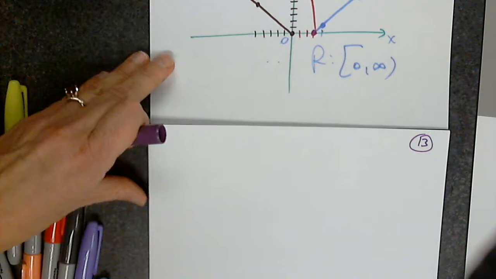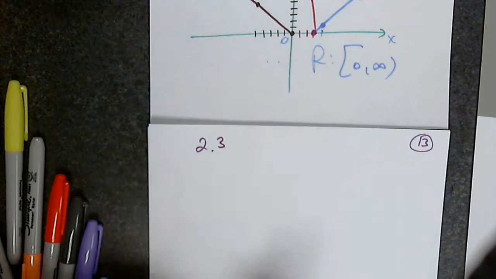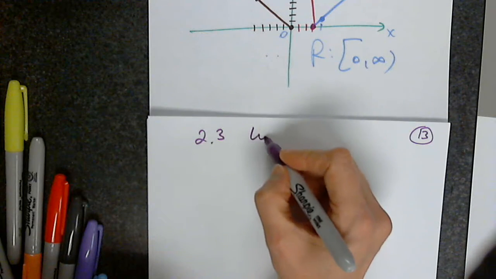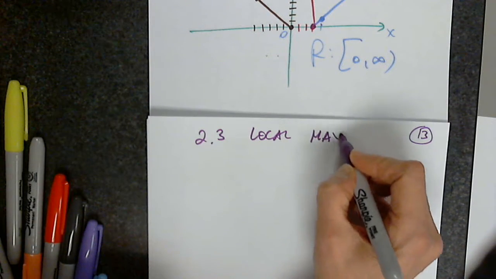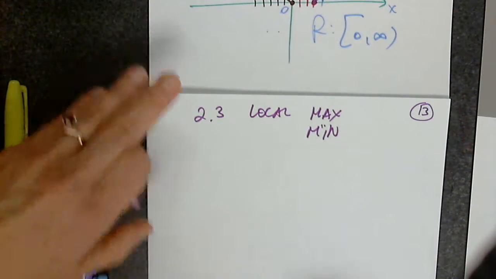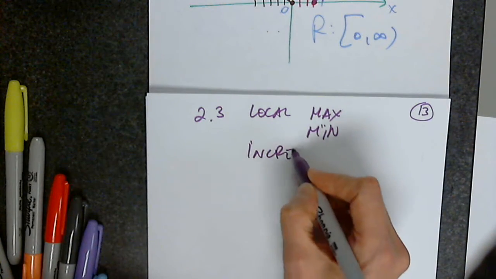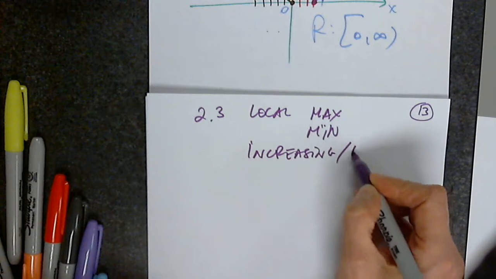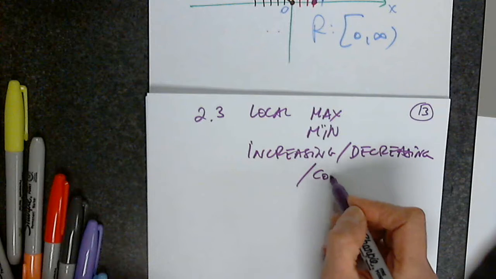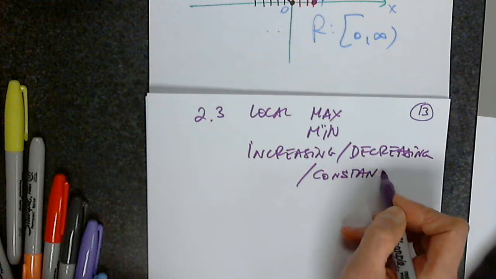Okay? So this is in section 2.3. We're going to talk about local max, local min, and increasing, decreasing, or constant trends.